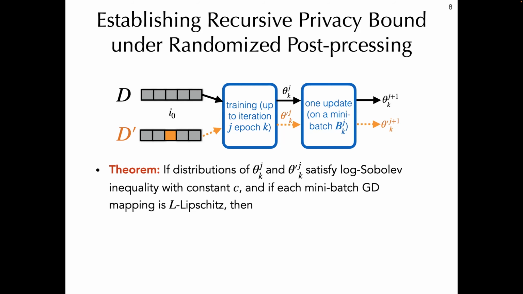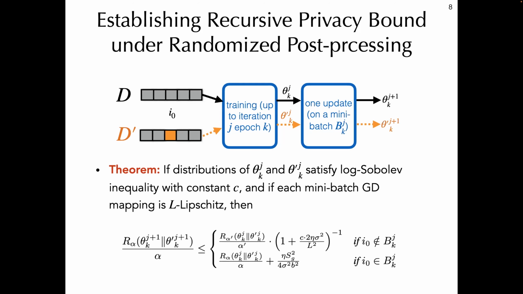So our result says that if the distribution of the parameters before the update satisfies log Sobolev inequality with a constant C, and if the minibatch gradient descent mapping is L-Lipschitz, then we can obtain a recursive privacy bound that says if the differing data record is not in the minibatch used in this update, then the privacy loss decreases multiplicatively.